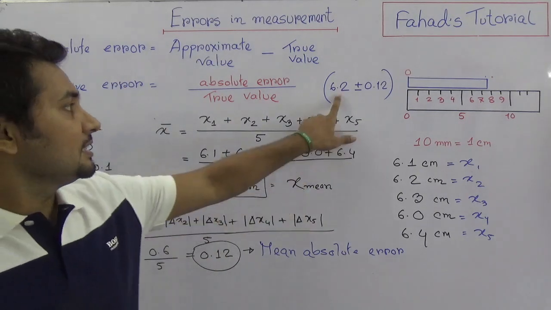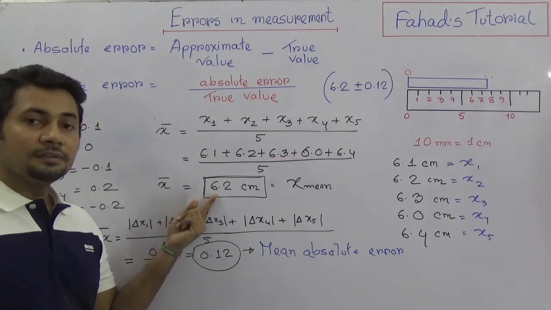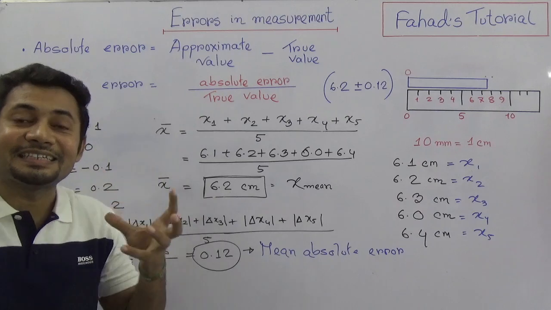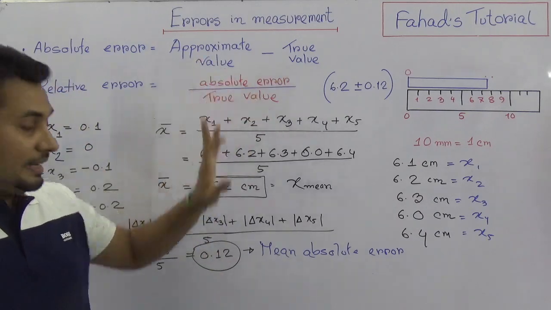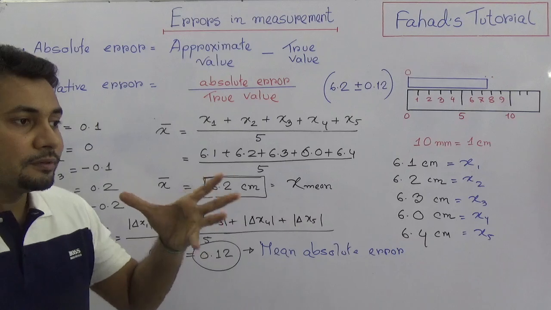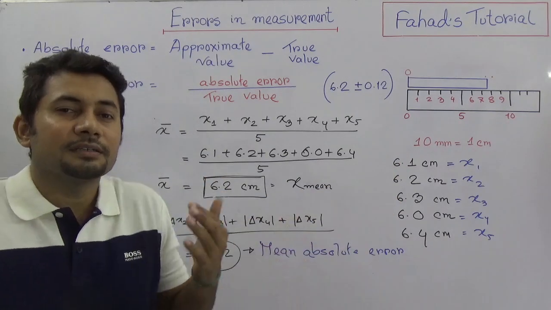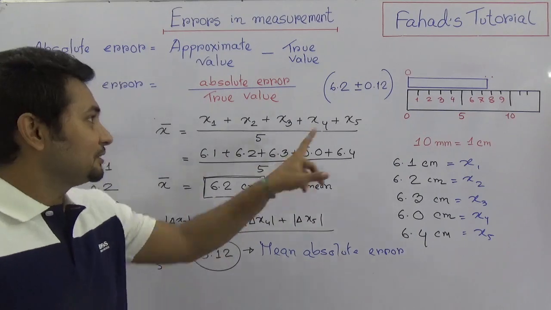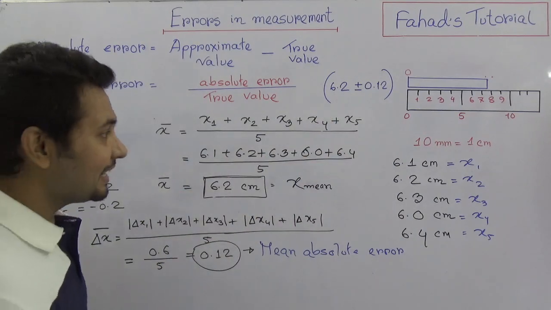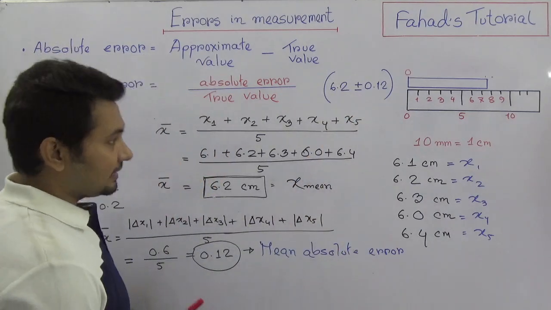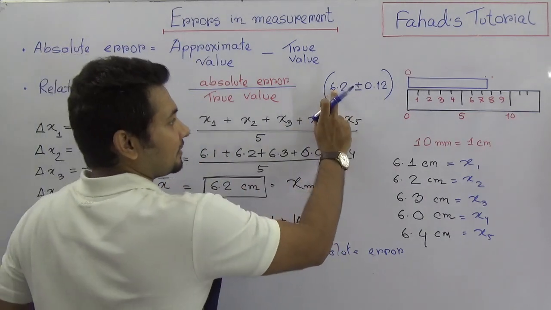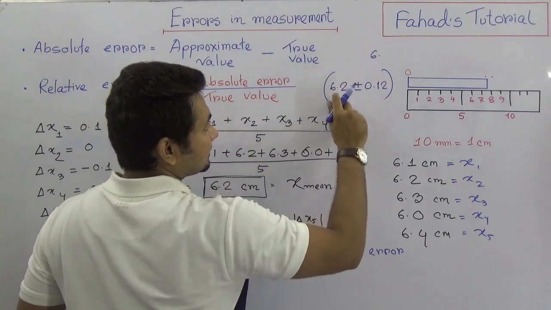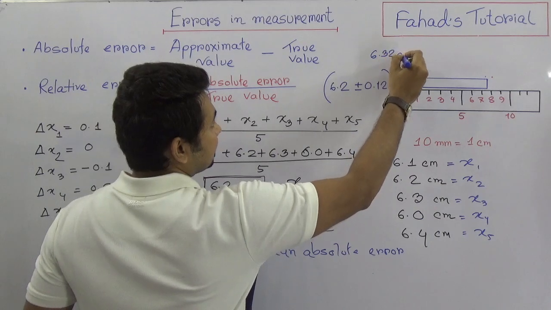So we can say this 6.2 is the mean value, that means the approximate value, and this is the measured value. We know that we measured 6.2, but the range can be positive 0.12 or negative 0.12. So if I add it, it will be 6.32 centimeter.